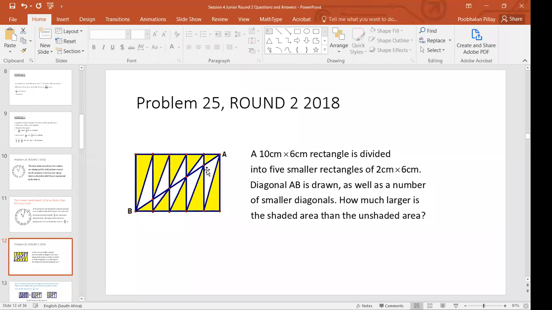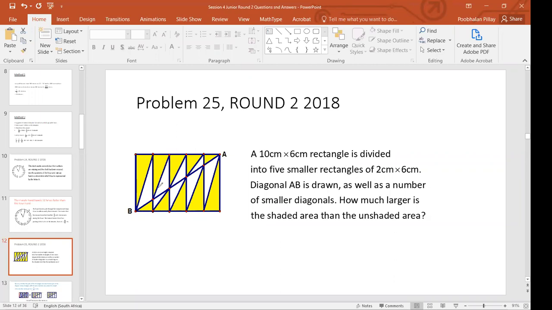And now here you got an area problem. Let's have a look at this and see what they are saying. They're saying a 10 centimeter by 6 centimeter rectangle. So the length is 10 and the breadth is 6. It is divided into 5 smaller rectangles.